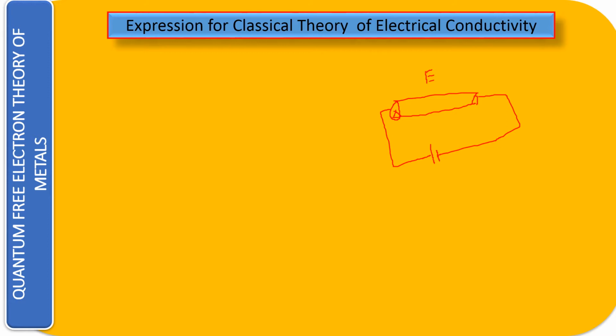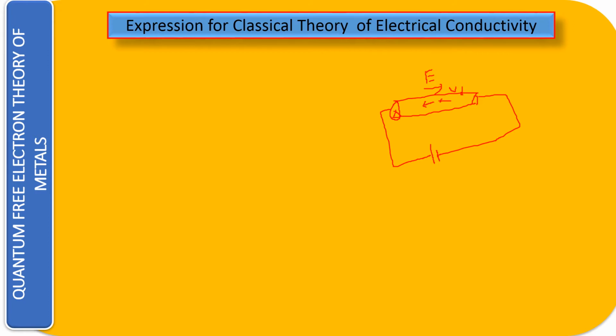So naturally the electron is going to flow in the opposite direction inside the metal. We call Vd the drift velocity of the electron, the additional velocity that has come due to the electric field. So let us suppose the drift velocity is Vd.